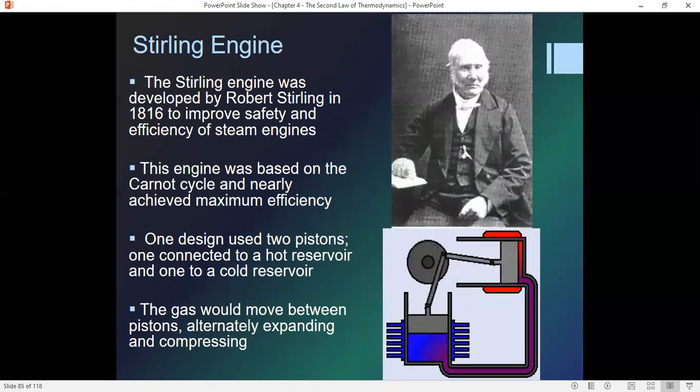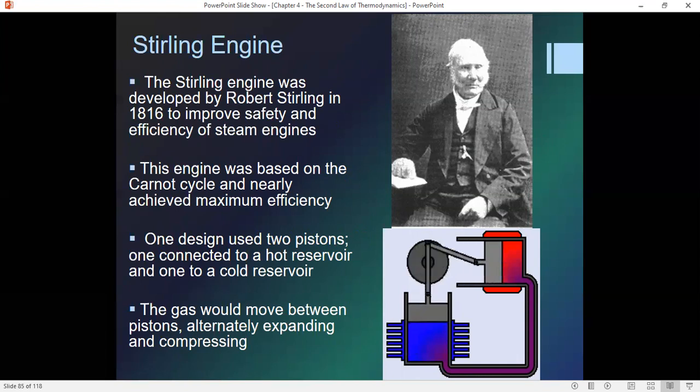Now, the Stirling engine was developed by Robert Stirling in 1816 to improve safety and the efficiency of steam engines. It's based on, well, it says here it's based on the Carnot cycle. It's not exactly based on the Carnot cycle, but it's based on nearly reversible processes to get very, very close to maximum efficiency.